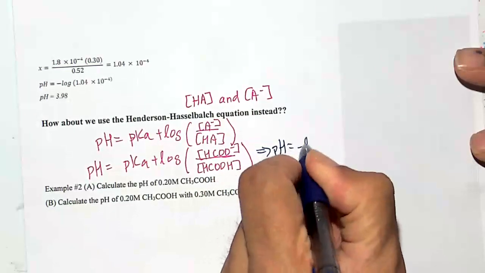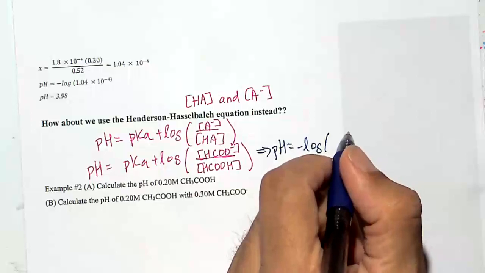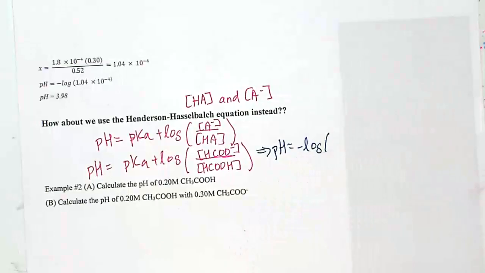So pKa is minus the log of Ka. So the Ka for formic acid, I'll give that to you on the test, and I believe it's 1.8 times 10 to the minus 4, but I'll give you the Ka. So minus the log of Ka, the Ka is 1.8 times 10 to the minus 4.